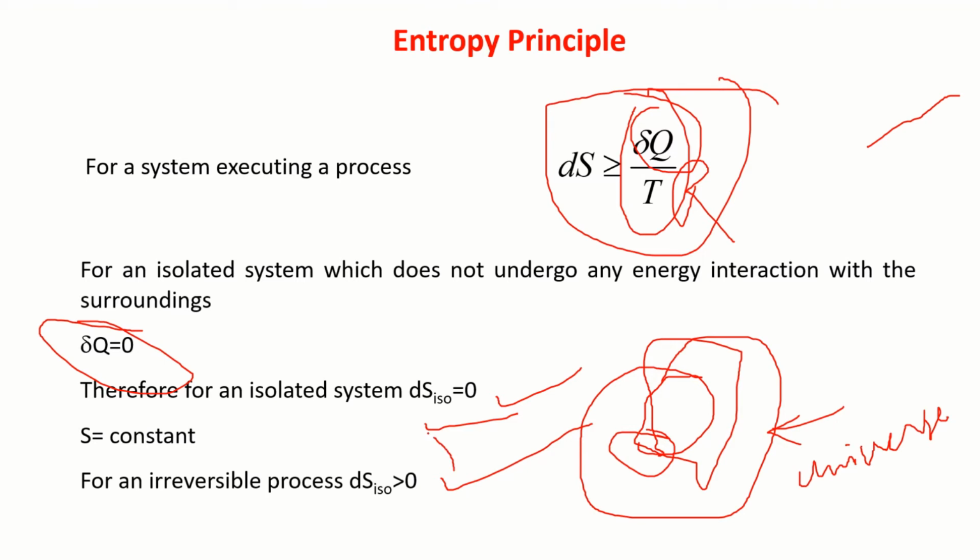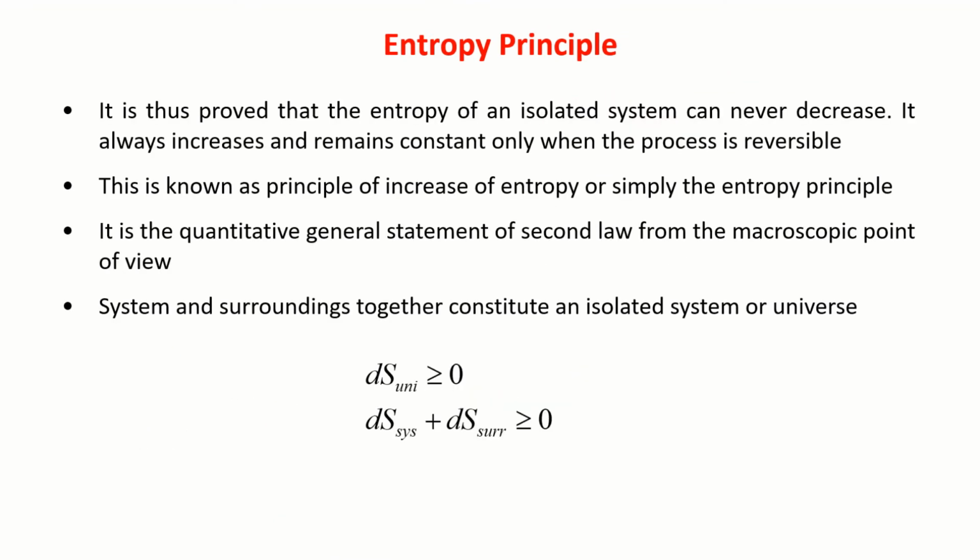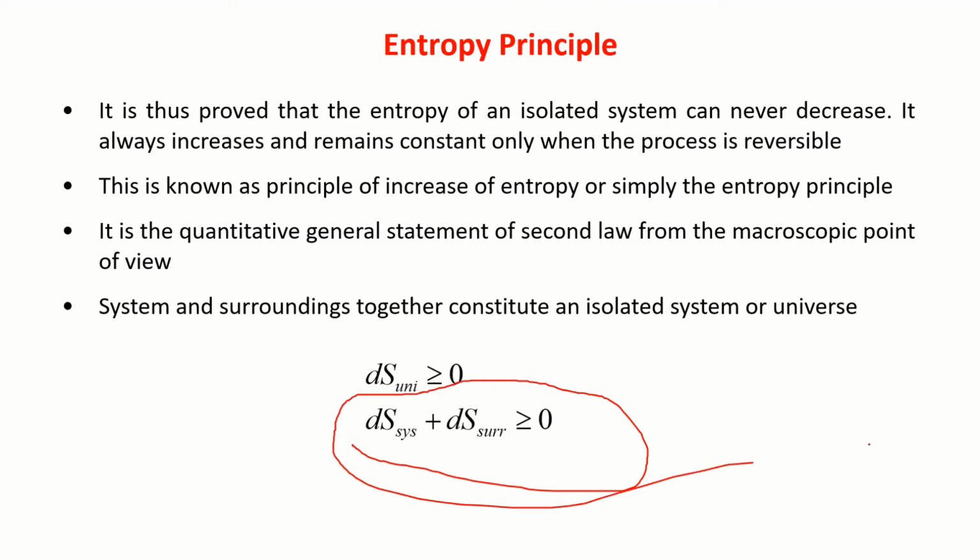So entropy of an isolated system increases, means entropy of the universe increases. So that's what I have written: system plus surroundings. Please remember that entropy of the universe always increases, because all the processes are irreversible.